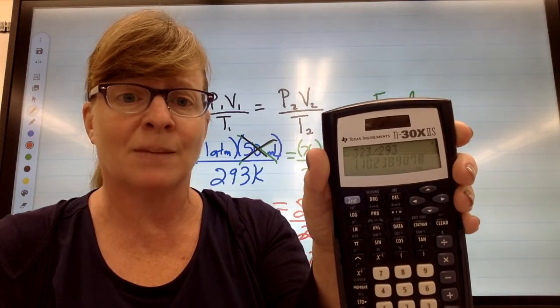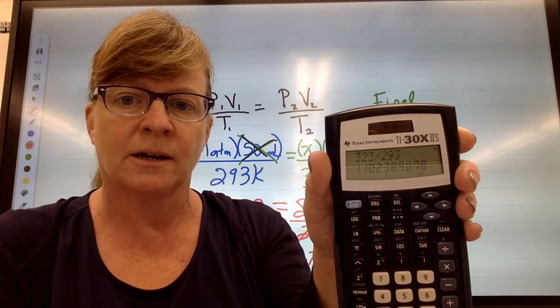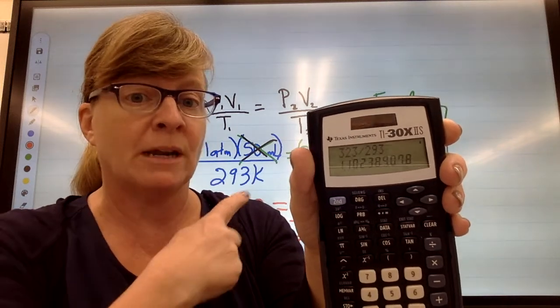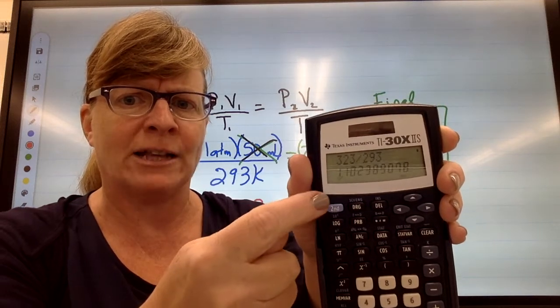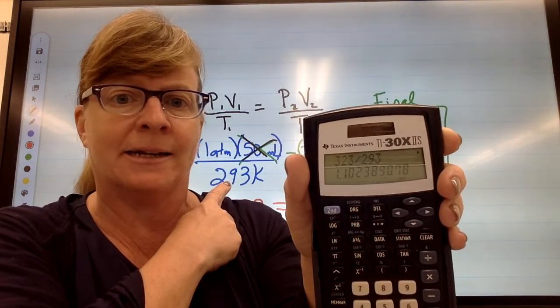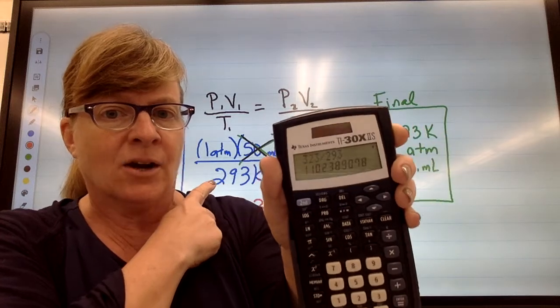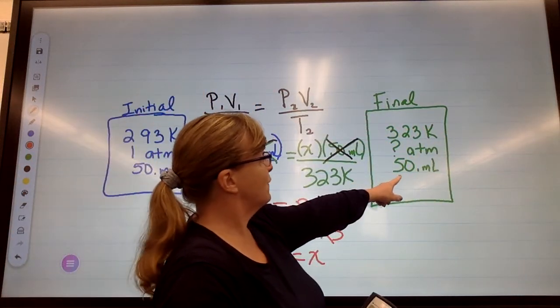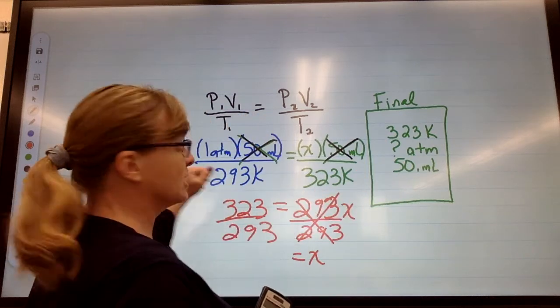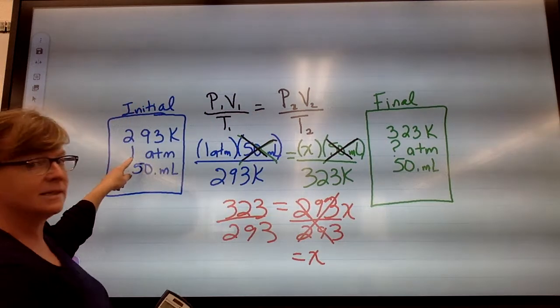Do I write all those numbers? Am I going to write that whole answer? No. I have to look at my measurements. I have to round with significance. I can't have a final answer that has all this exactness, and my data didn't have that much exactness. So take a look. We're going to round. And we have 2 sig figs, 3 sig figs. Oh, wait. I have 1 sig fig.